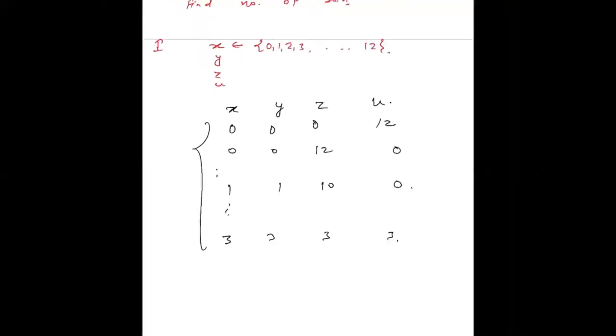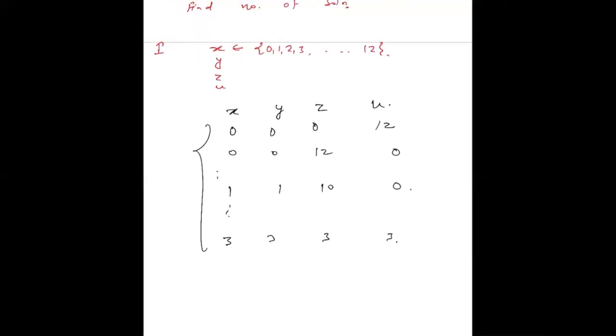So what we can do is, okay, I'm taking this as a base of alpha. Understand this carefully. With a base of alpha, x can take alpha to the power 0, meaning 1, alpha to the power 1, alpha to the power 2, up to alpha to the power 12.